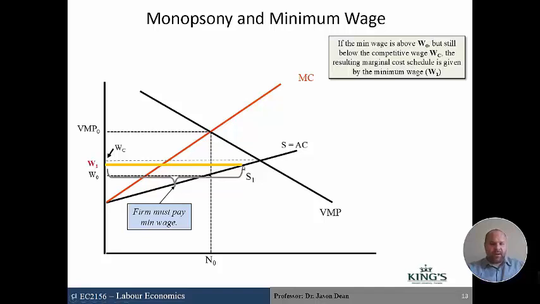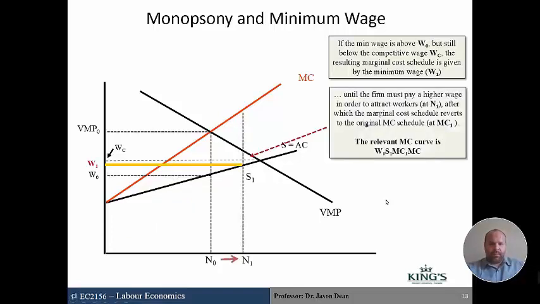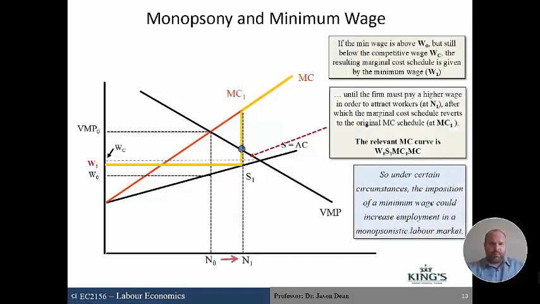But if they want to hire any workers to the right of this amount, they're going to have to pay wages that are higher than W1. So they'll have to go along the supply curve. So their optimum point now would be here. And so they would want to hire N1 units of labor.